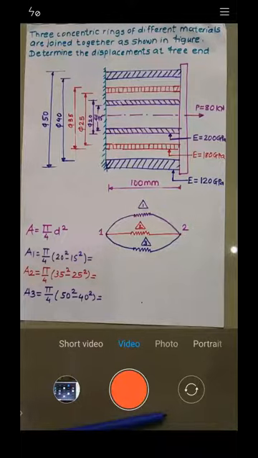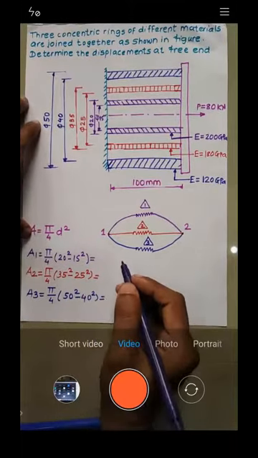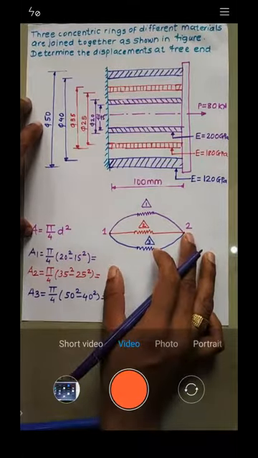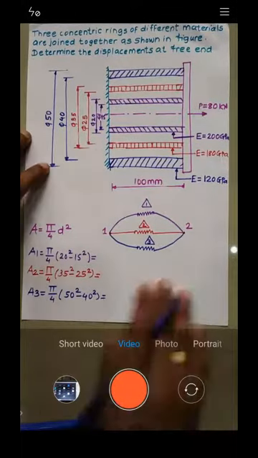Yeah, sir. Chilwan, you tell me for A3. Do the calculation and let me know how much you are getting. Tell me for A1, what value you are getting. A1.